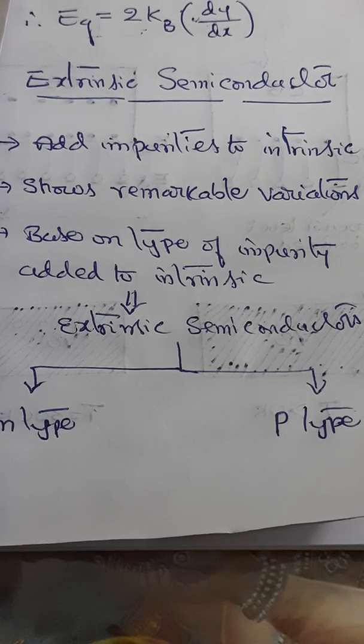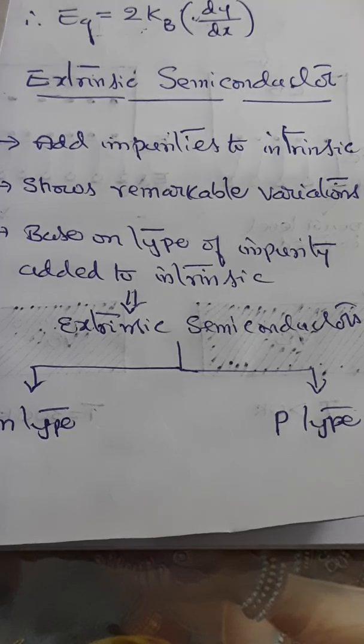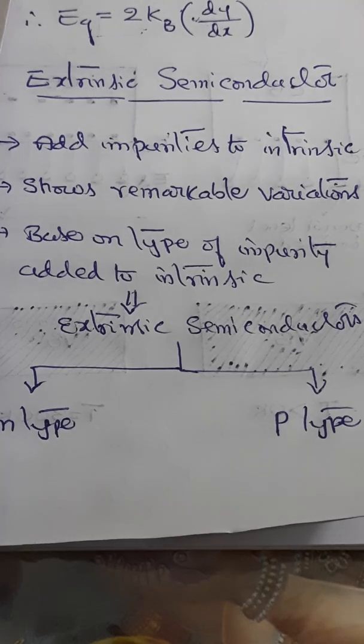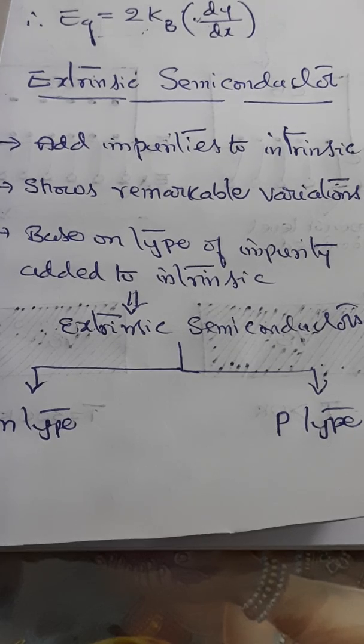So when impurities are added to an intrinsic semiconductor, it becomes an extrinsic semiconductor. An extrinsic semiconductor shows remarkable variations in conductivity because of the presence of impurities.